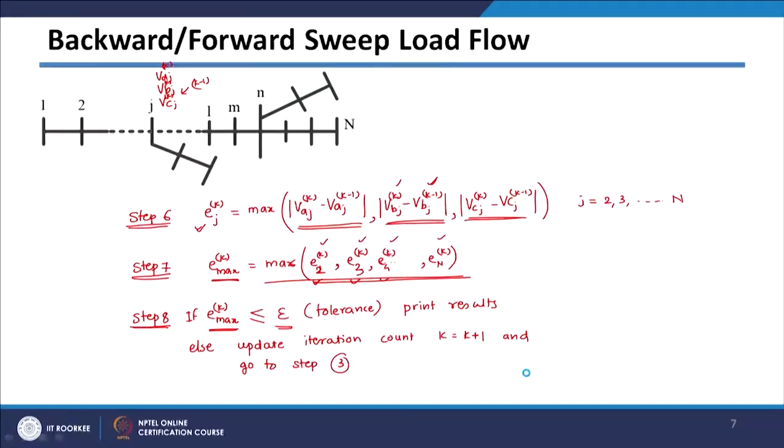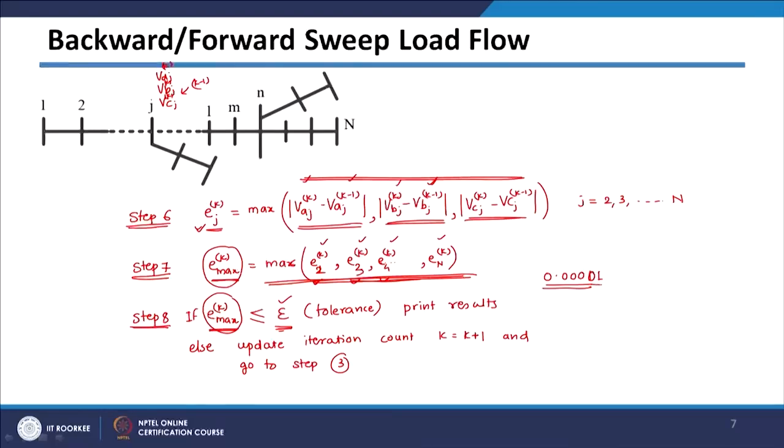get the voltages, compare the voltages of this iteration with respect to earlier iteration for all the 3 phases here, and get the maximum deviation at one particular phase for that particular bus, and then calculate maximum error at all the buses. So, this will give you the maximum error for all the buses, and then compare this maximum error with respect to your tolerance value, which may be 0.000001.